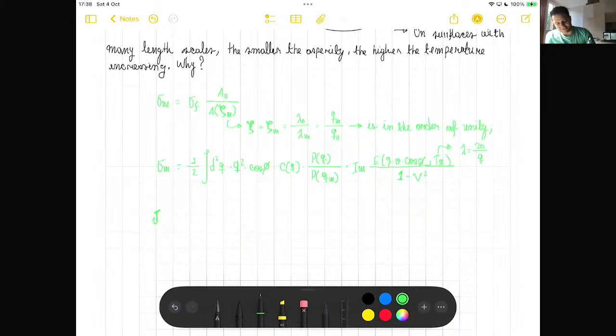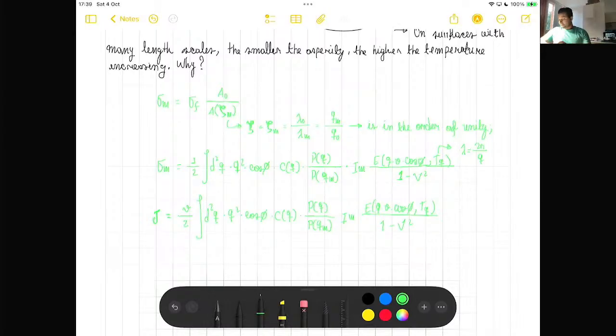Let the author call this J. So v divided by 2 times the integral of the second derivative of q times q squared times cosine phi, C of q, divided by P of q, in other words, the relative fraction for the case considering the wave vector q, times the imaginary contribution of E as a function of q, v times cosine phi, and T q, divided by 1 minus the Poisson ratio squared.